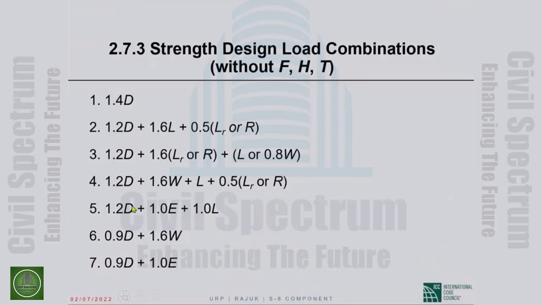Two of the load combinations have earthquake effect E in them. This is, I call this the additive seismic load combination. The gravity causes negative bending moment at a support section. Earthquake also causes negative bending moment. If we want to figure out the largest negative bending moment at that section, we will use that load combination.